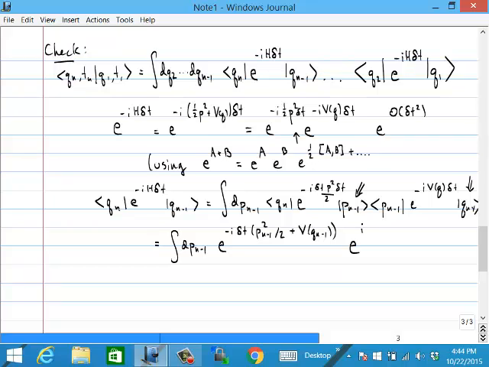So those are e to the i pn minus 1 times (qn minus qn minus 1). Now, hopefully this expression here is a little bit familiar to you. What is that? That's just the Hamiltonian evaluated at a momentum pn minus 1 and a position qn minus 1.